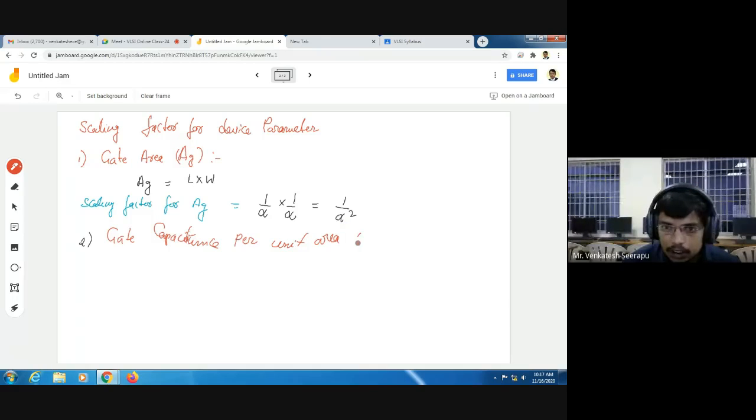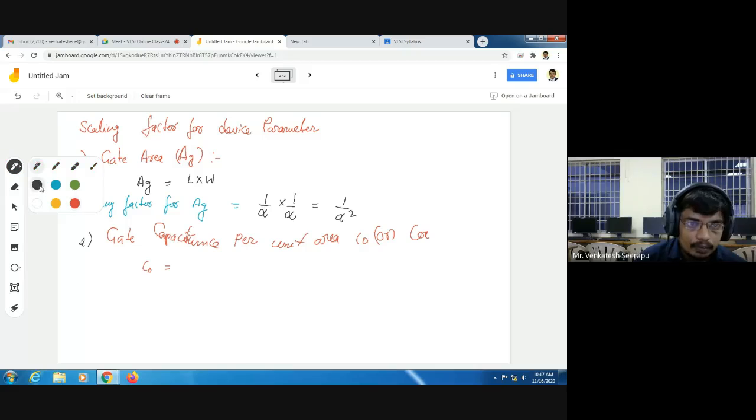It is C naught or COX, the gate capacitance per unit area. The formula for gate capacitance per unit area is C naught equal to epsilon OX by D, where D is the oxide thickness.